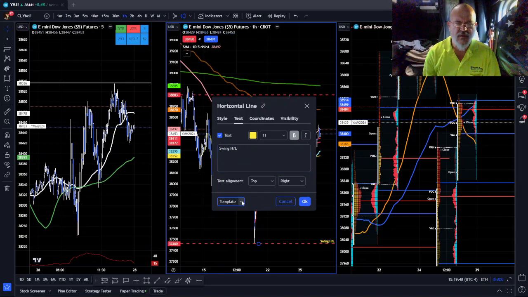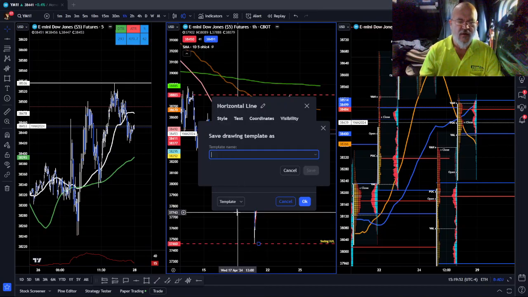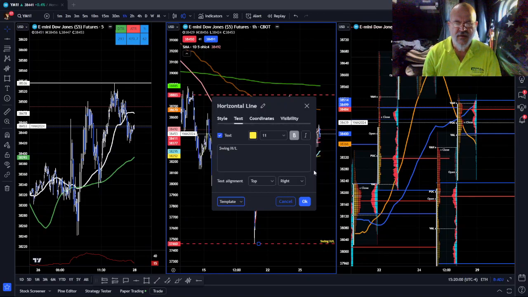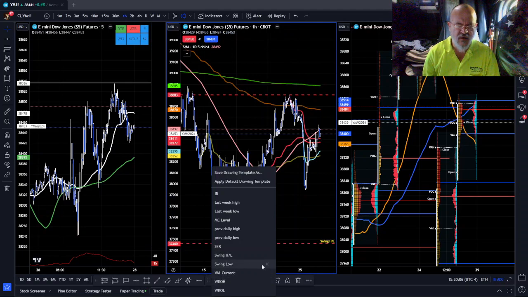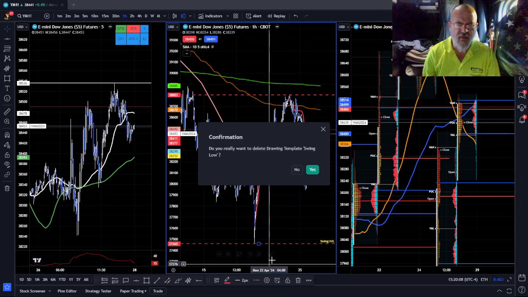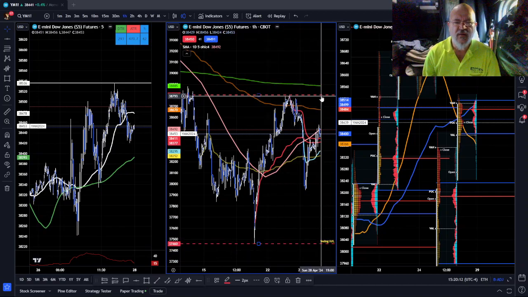Okay, template, save as swing high low, save. And then I want to go into templates here and delete my swing low because we're going to use the same template for both the high and the low.